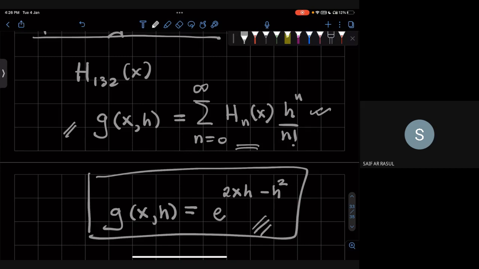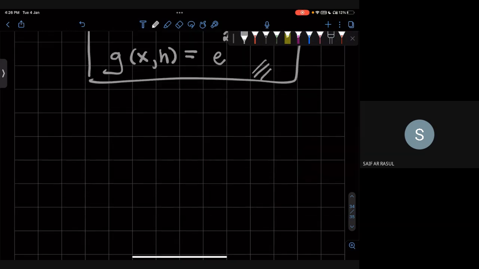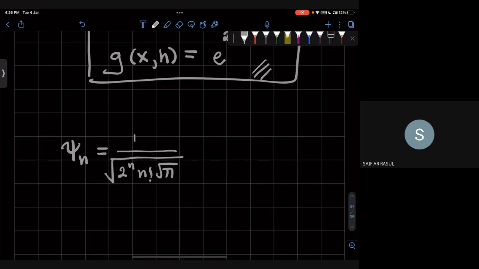Okay, so I'm just going to talk now about the wave functions and the Hermite. So in quantum mechanics, we are looking at the wave function psi n, and its normalization for the Hermite is going to be 1 over the square root of 2 to the power n, n factorial, square root of pi, and e to the power minus x squared by 2, of course, and the Hn of x.